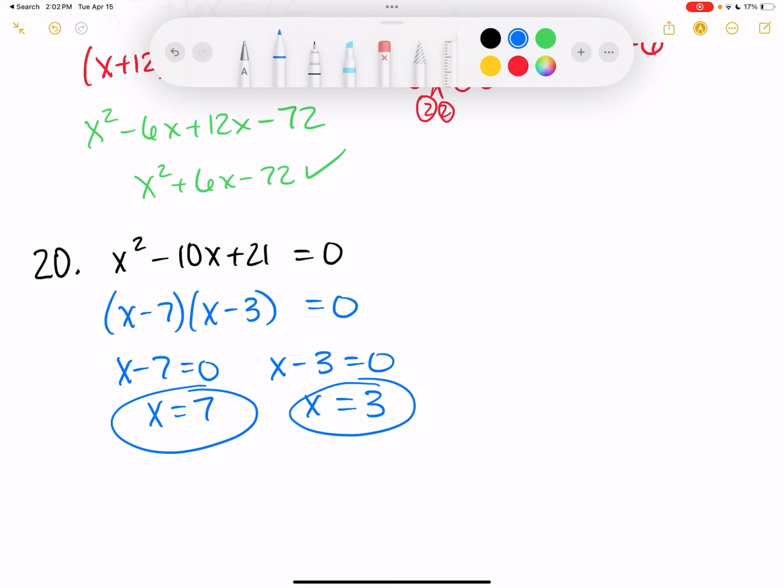So now, another way that I can check this is I can plug these in up here, and if this comes out to be equal to 0, I will know that it is right.